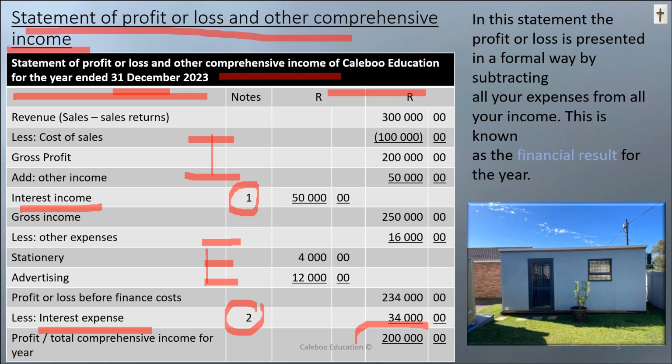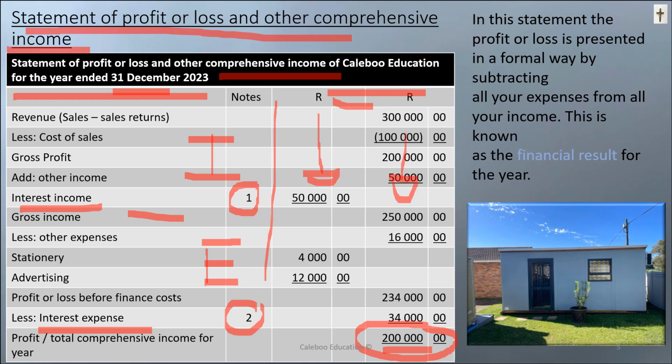And in this case here, there's a 200,000 Rand profit for the year. So the income less the expenses that are listed on this document resulted in a profit of 200,000 for Caliboo Education.